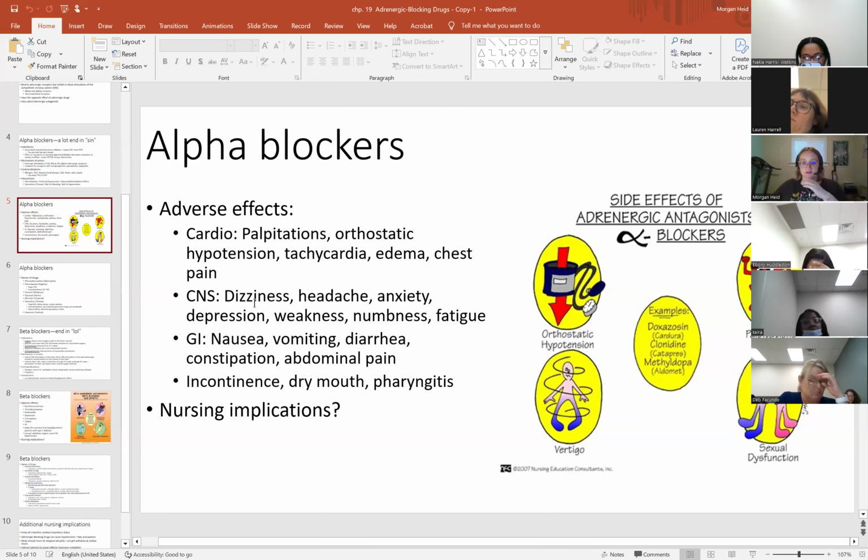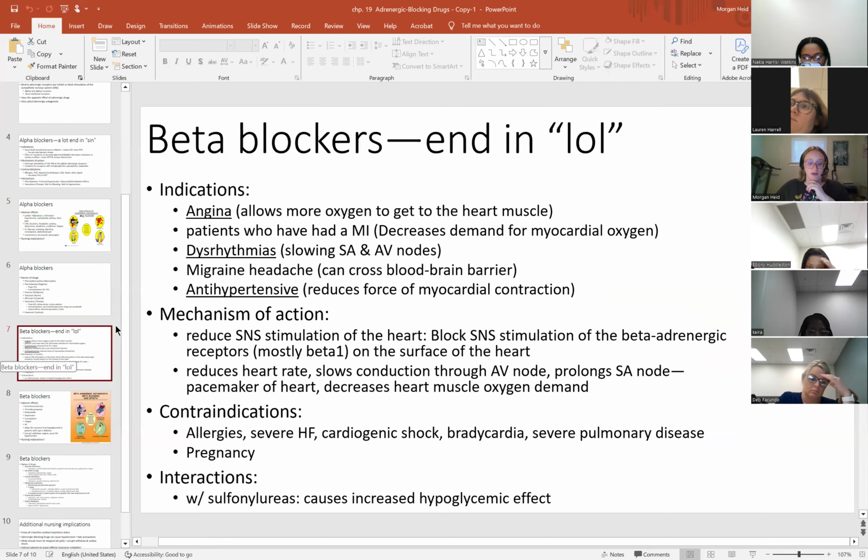When it comes to my beta blockers, I'm not going to spend a lot of time here because I know you guys already covered beta blockers last semester. But we know that beta blockers are used for angina or chest pain. Patients who have had an MI, because it can help decrease the heart's demand and workload, which can give the heart more rest so that it doesn't lead to heart failure. It can also be used to treat early stage heart failure.